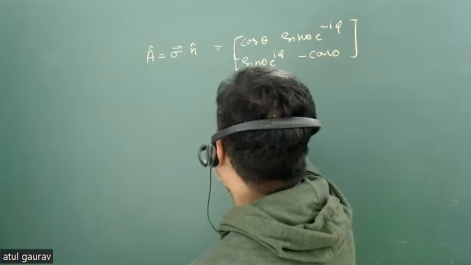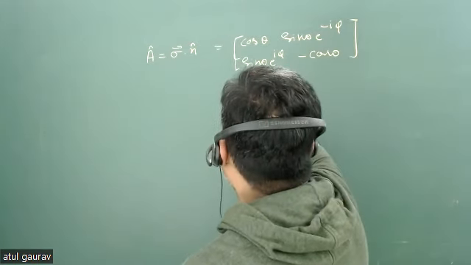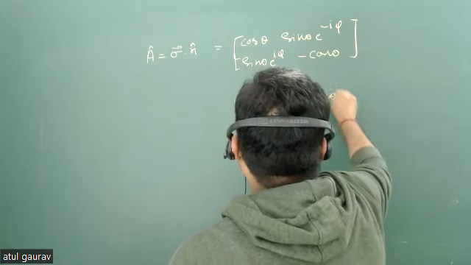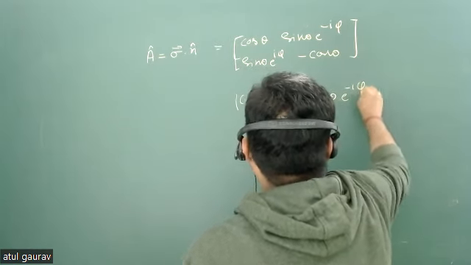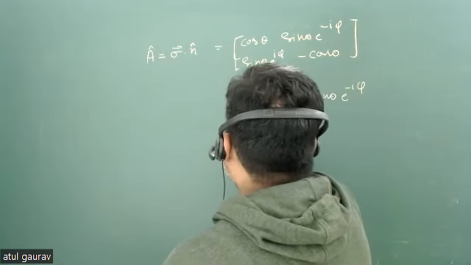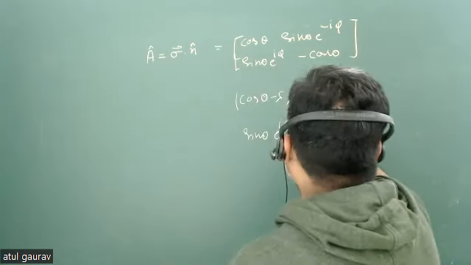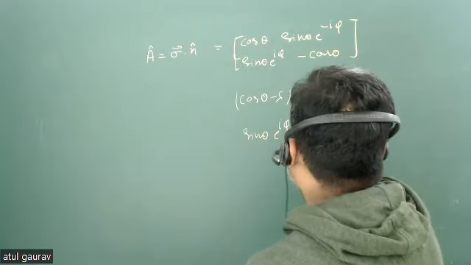So you can easily calculate: cos theta minus lambda, sin theta e to the power minus i phi, sin theta e to the power i phi, minus cos theta minus lambda.